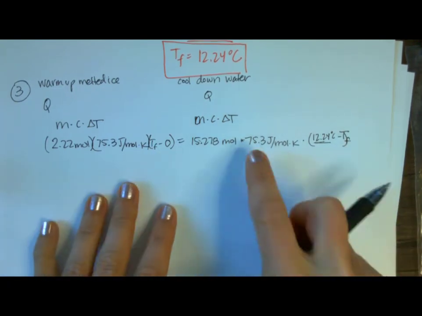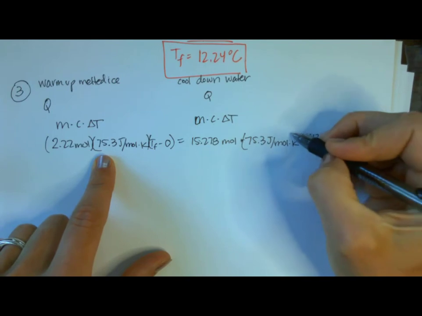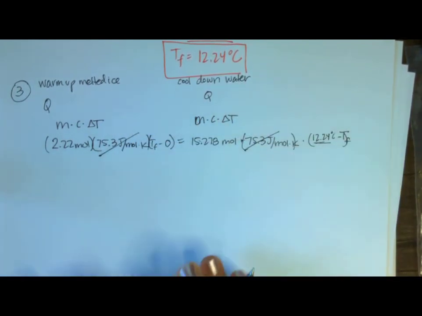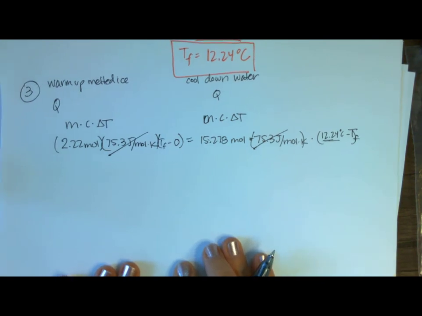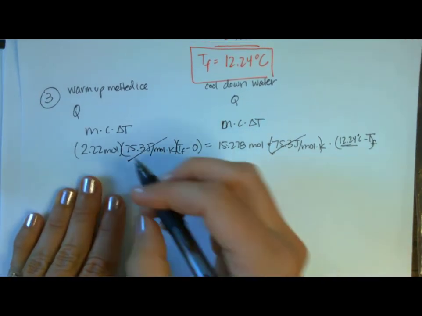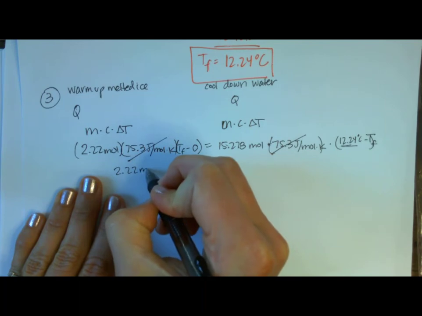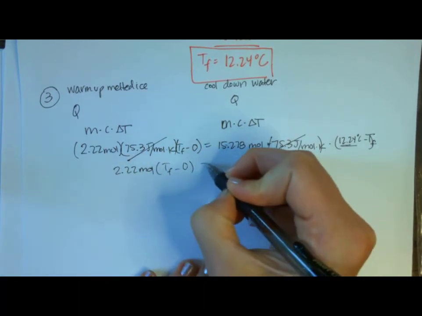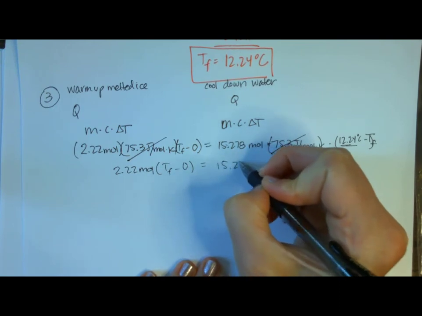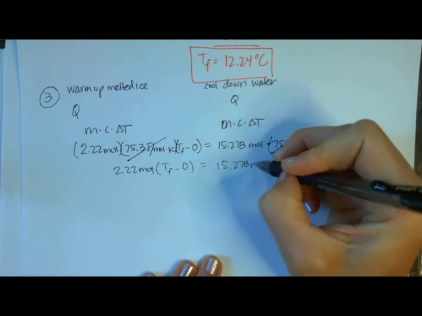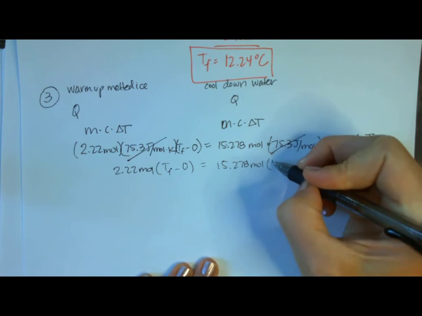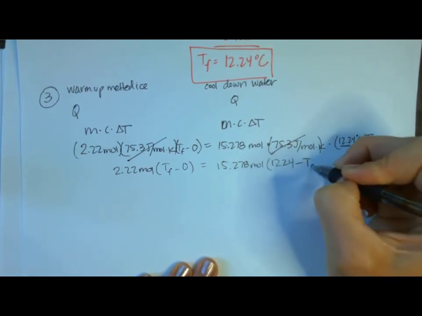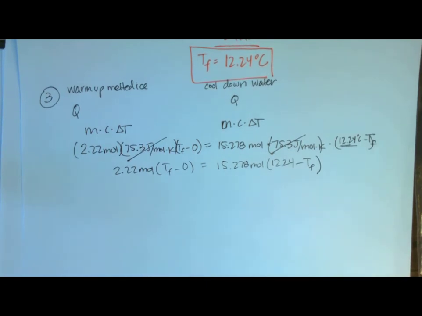So right off the bat, we have specific heat on both sides that match, so we can just cross that off. That just cancels right out. So I'm going to write this simplified. We're going to say 2.22 moles times TF minus 0 equals 15.278 mole times 12.24 minus TF.